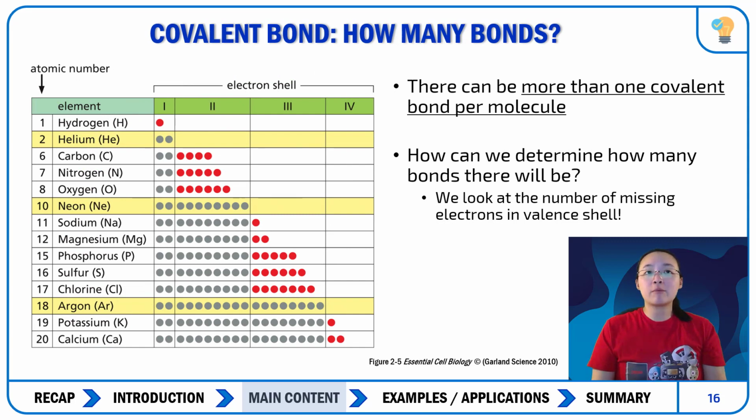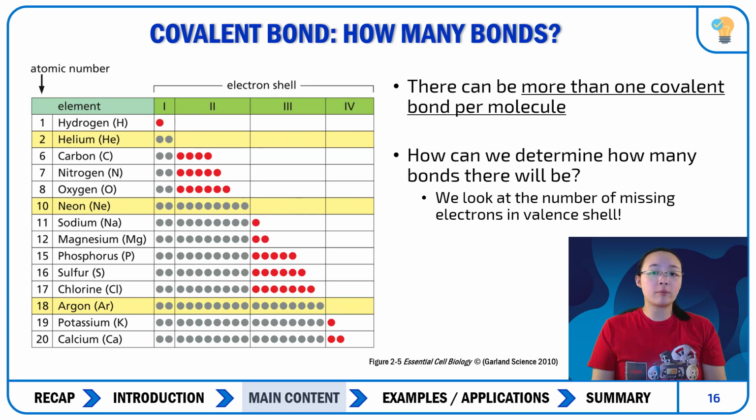But something else I haven't mentioned is when we look at covalent bonds, there can actually be more than one covalent bond per molecule. So how can we even determine how many bonds there will be? We basically have to look at the number of missing electrons in the valence shell. For example, carbon has 4 missing electrons, nitrogen has 3, oxygen has 2.